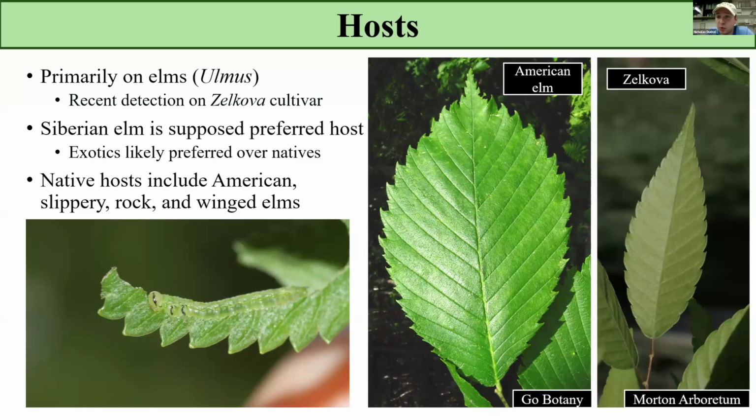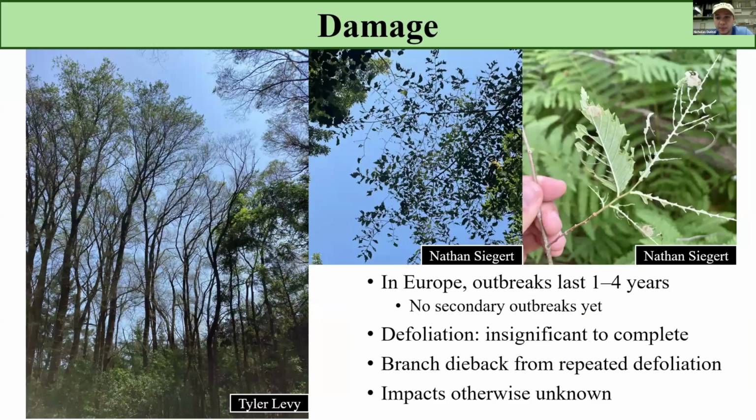They were primarily found on Siberian elm. Additionally, luckily for our native species, but not luckily for our ornamental species that we plant in cities and towns, exotics seem to be preferred over natives. But again, this hasn't really been tested very much.